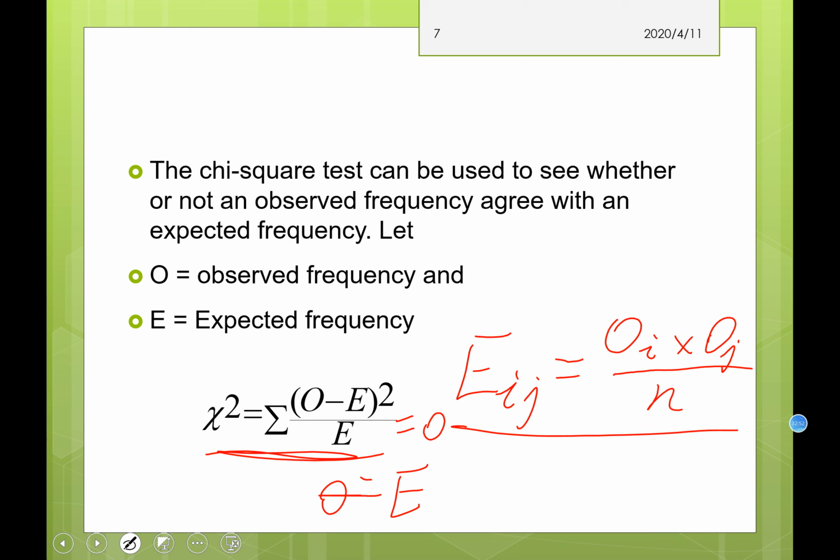And we said that E is calculated when H0 is true. And we found O equals E. That means O is what really happened, and E is calculated under the assumption that H0 is true. So that means this supposed thing really happened in this study. So we cannot reject H0. That is what we do in the chi-square test.